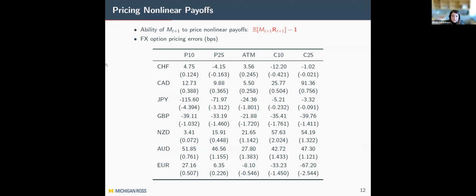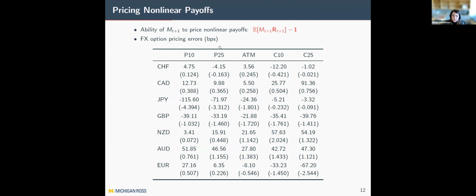So in order to test whether we can price nonlinear payoffs, we are going to focus on the following Euler pricing conditions, and we are going to see whether this pricing error is different from 0. And first, we are going to do this unconditionally. And as a test asset, we are going to consider the foreign exchange options.